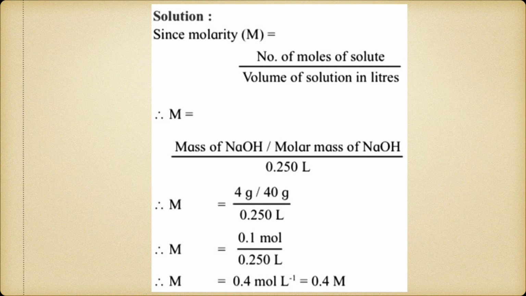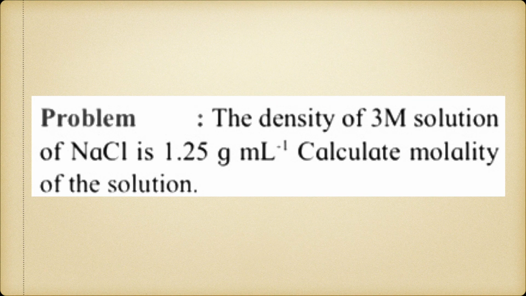Okay, next problem. The density of 3 molar solution of NaCl is 1.25 gram ml inverse. Calculate molality of the solution. Over here the molarity is given as 3 molar and the density is given as 1.25 gram ml inverse.